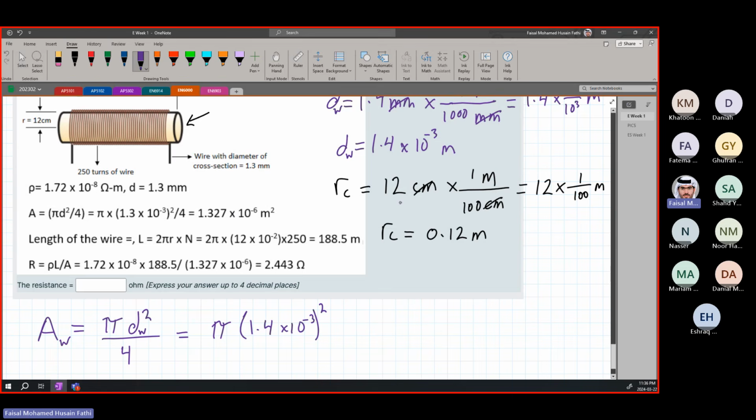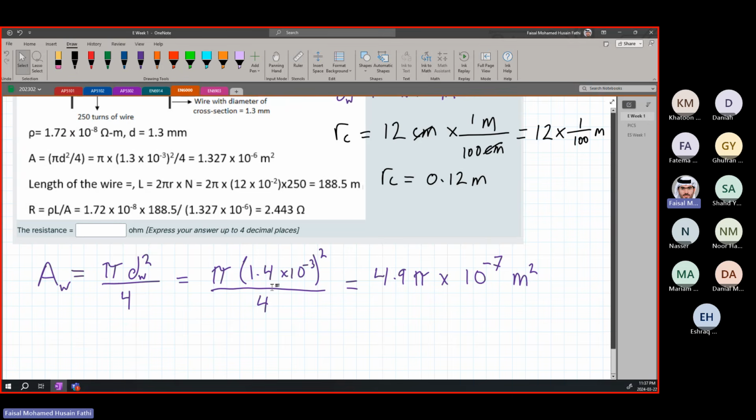Make sure you're putting everything in brackets when solving, putting the squared outside, divided by 4. If we simplify, this is going to be 4.9 pi times 10 to the minus 7 meters squared. Area is in meters squared because the diameter is in meters.